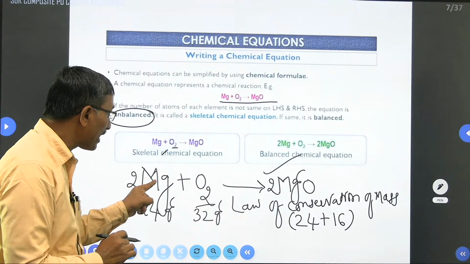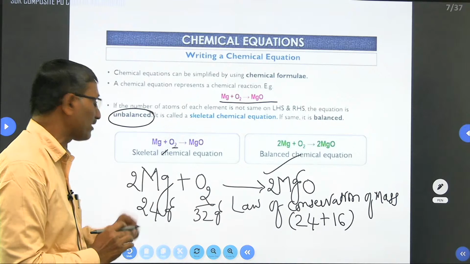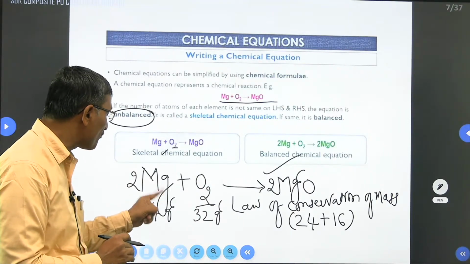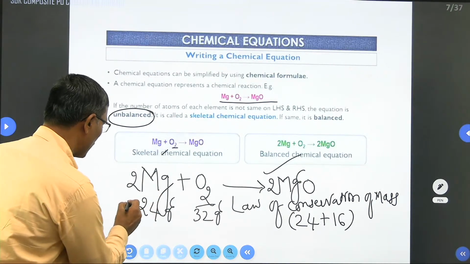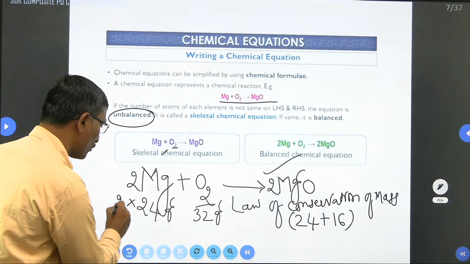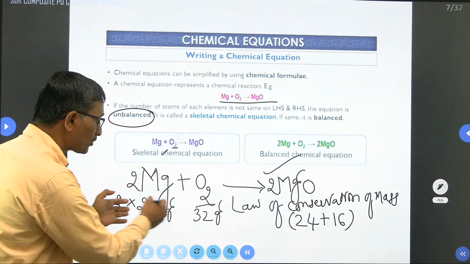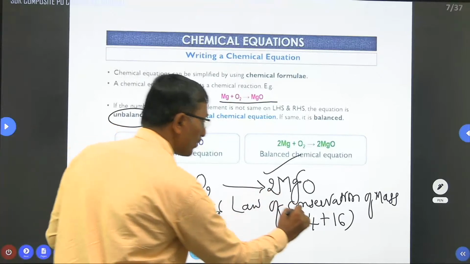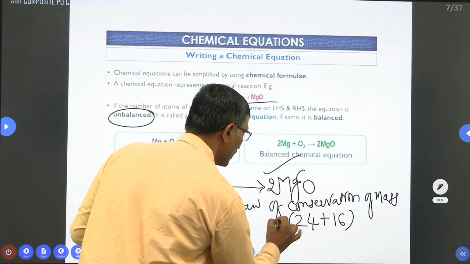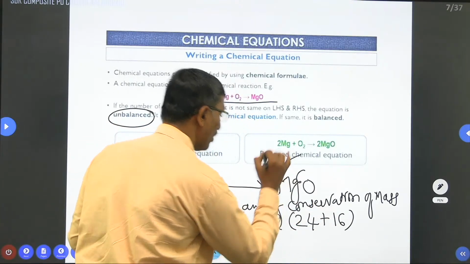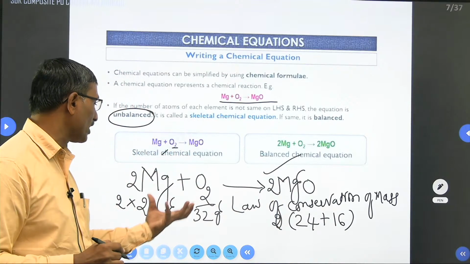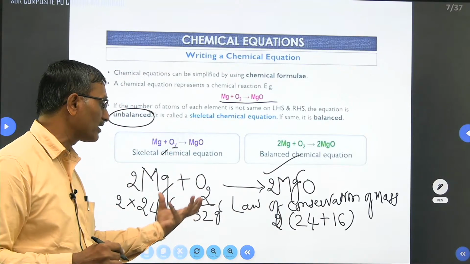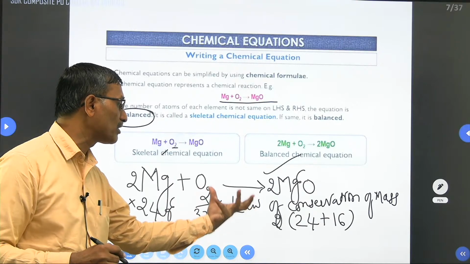Here, how many magnesium atoms? 2. The atomic mass of magnesium is 24, so 24 into 2. Then add both. Here 24 plus 16, multiplied by 2. So the total mass of the reactants is equal to the total mass of the products.